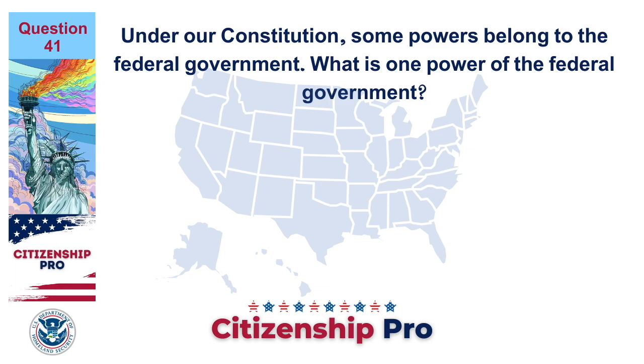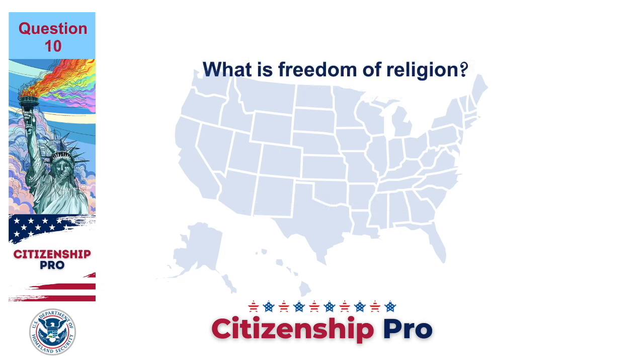Under our Constitution, some powers belong to the federal government. What is one power of the federal government? To print money. What is freedom of religion?